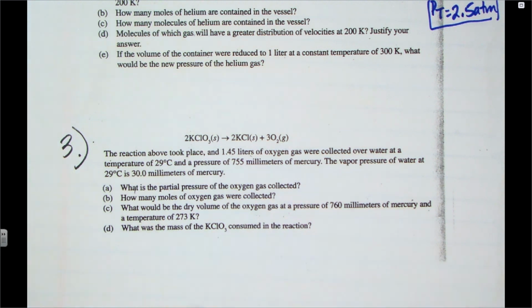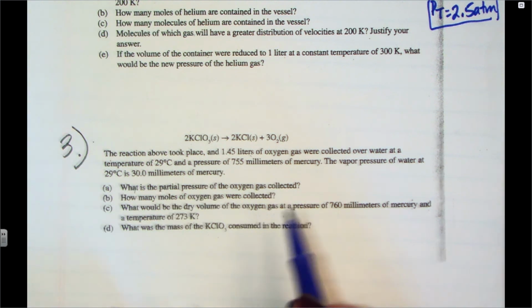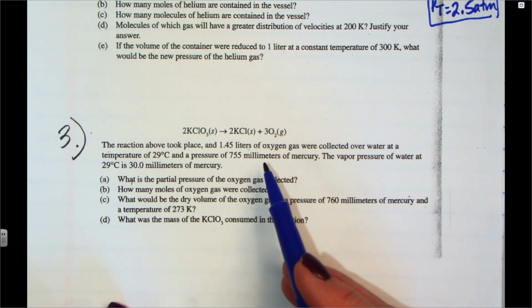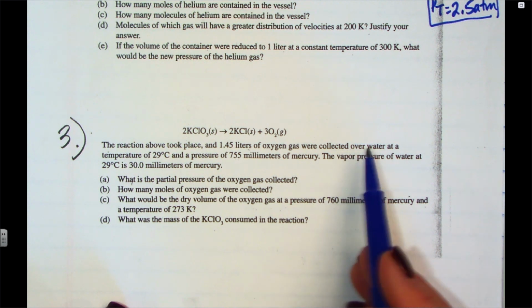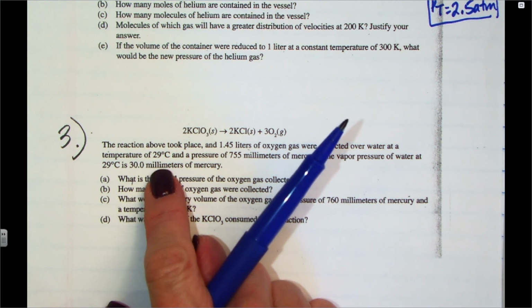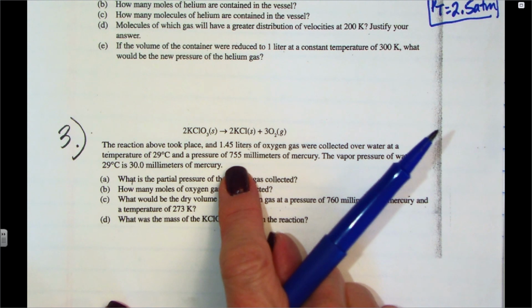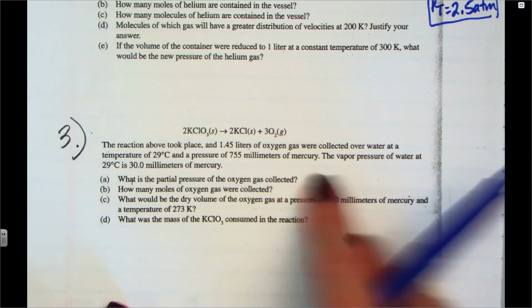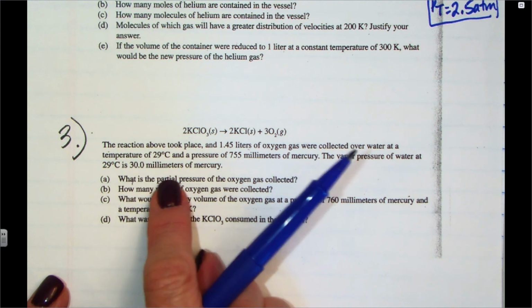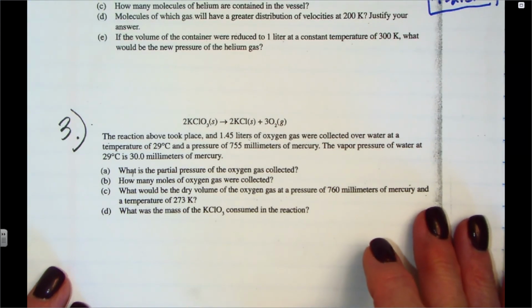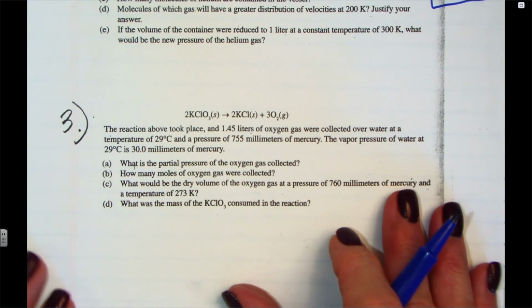It tells us that the reaction above took place, and 1.45 liters of oxygen gas were collected over water. So this is a collected over water problem. At a temperature of 29 degrees Celsius, pressure of 755 millimeters of mercury. The vapor pressure of water at 29 degrees Celsius is 30 millimeters of mercury. So I want to know what's the partial pressure of the oxygen gas collected.